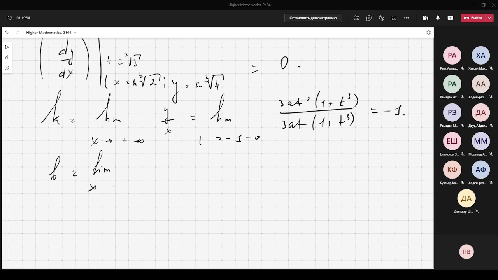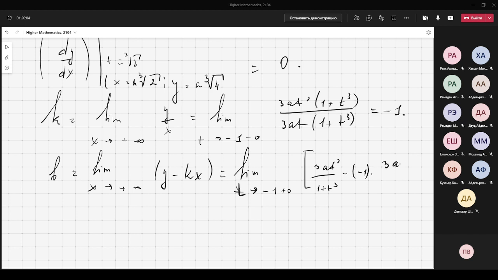equals the limit as x approaches plus infinity of y minus kx, equals the limit as t approaches minus 1 plus 0 of 3at squared over 1 plus t cubed minus 1 times 3at over 1 plus t cubed, equals the limit as t approaches minus 1 minus 0 of 3at times t plus 1 over 1 plus t cubed, equals minus a.